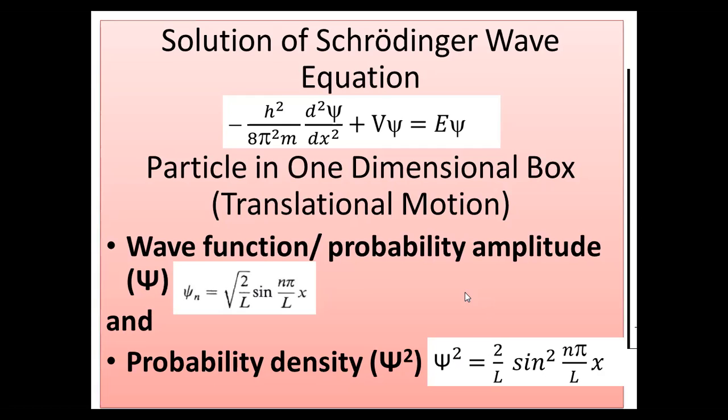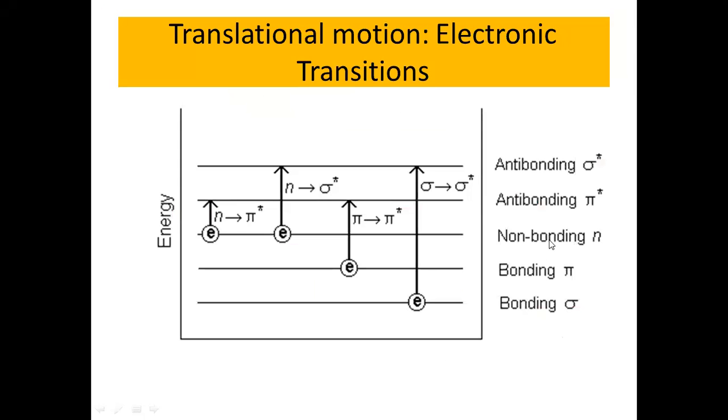And for the translation motion, you will be studying the electronic transitions. These electronic transitions come under the translation motion, and this is an application of the Schrodinger wave equation.